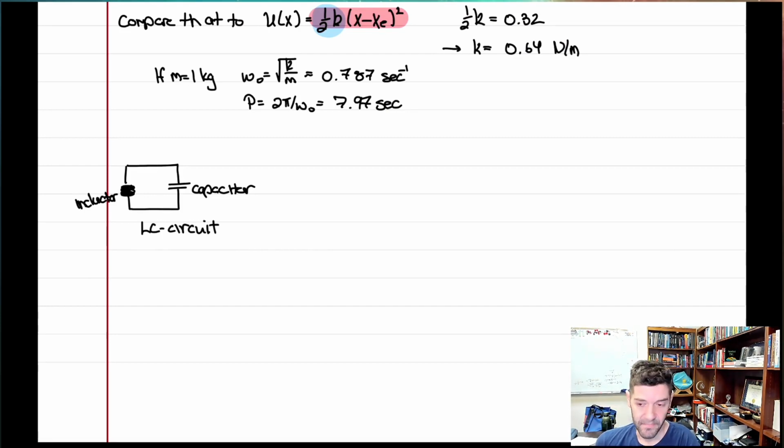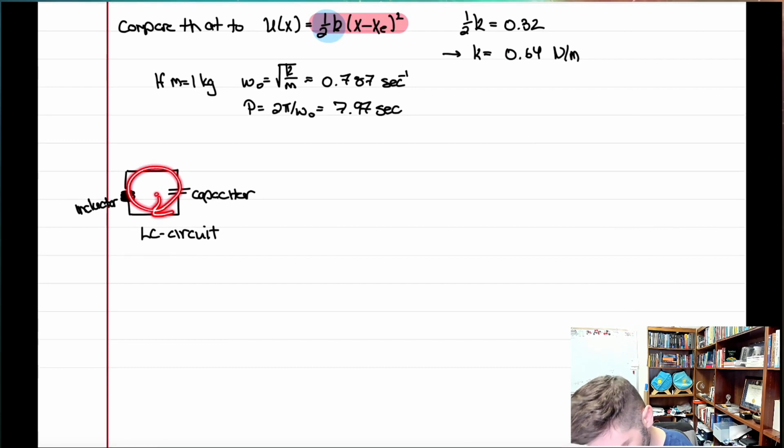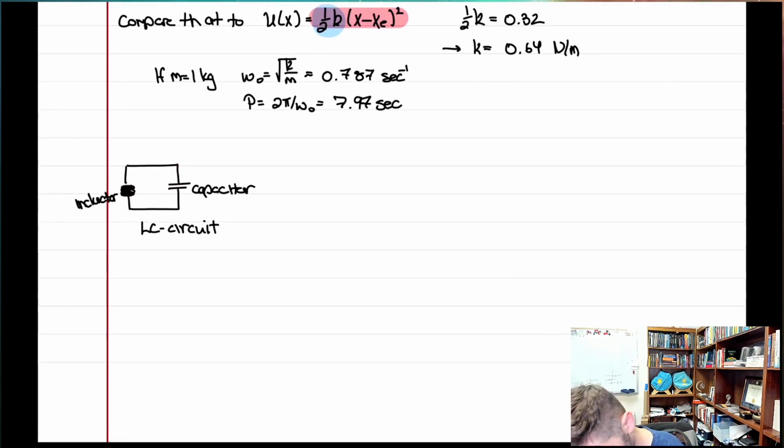You could, for example, apply Kirchhoff's laws, or loop rules as they're sometimes called, and figure out the differential equation for the amount of charge on the inductor or the capacitor at any one time. Doing the loop rule by looking at the change in electric potential around that loop, you have the change in potential from the inductor plus the change in potential from the capacitor, and by the loop rule, that better add up to 0.